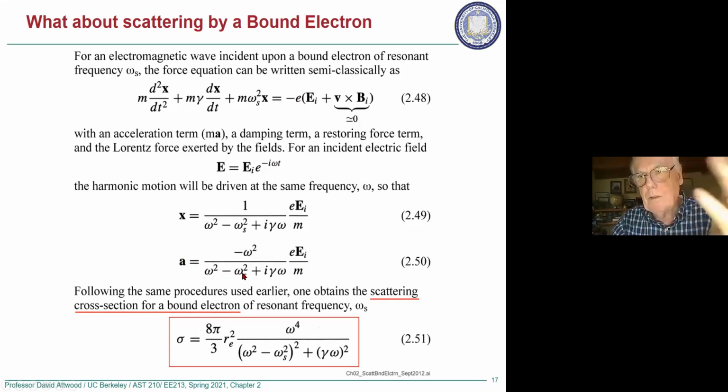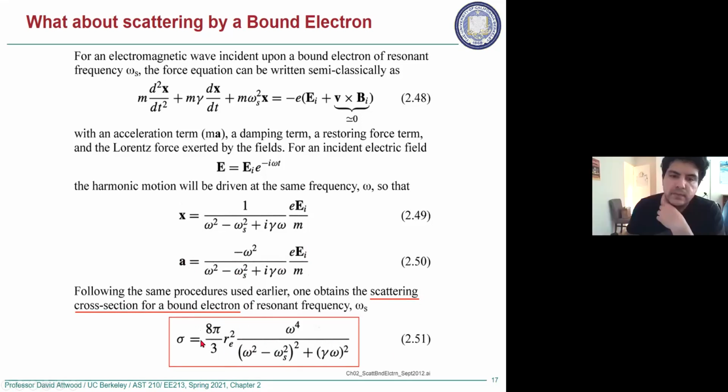We'll extrapolate this later for more resonances and maybe more electrons. But anyway, we have the acceleration for this point particle, and we can put it back in those equations and go through the same things that we did before. Now the cross section is going to have this additional multiplicative factor.